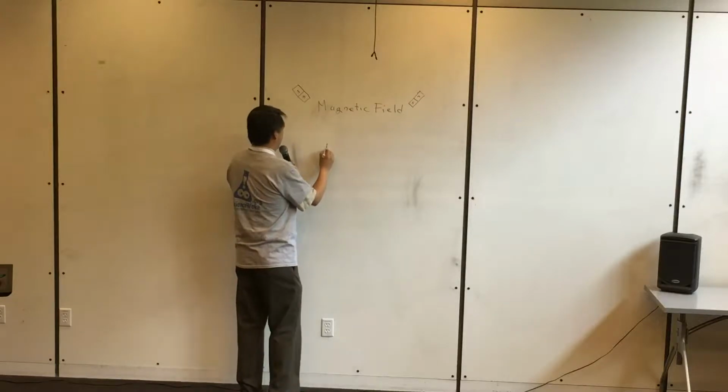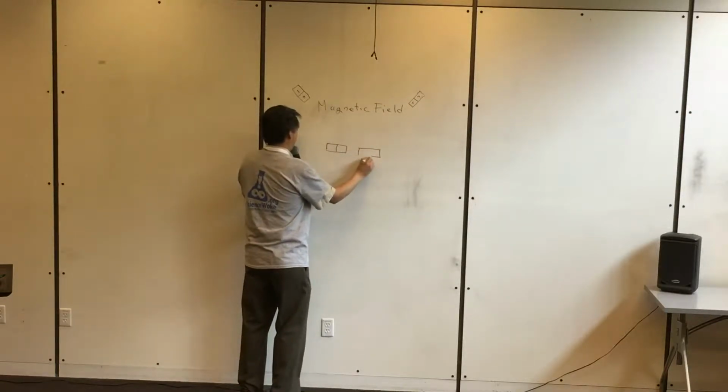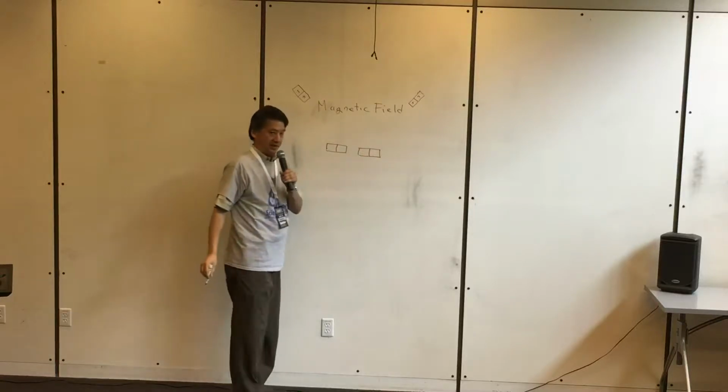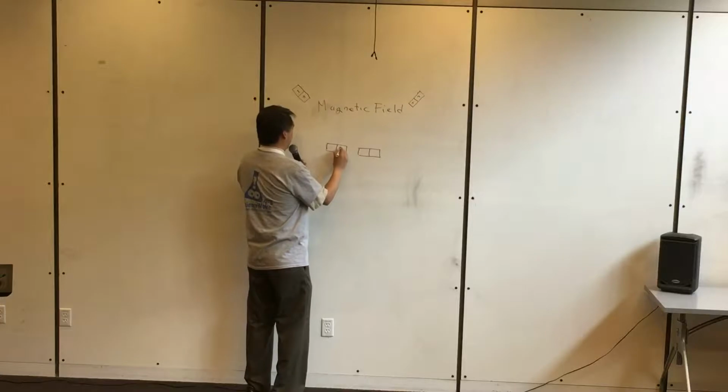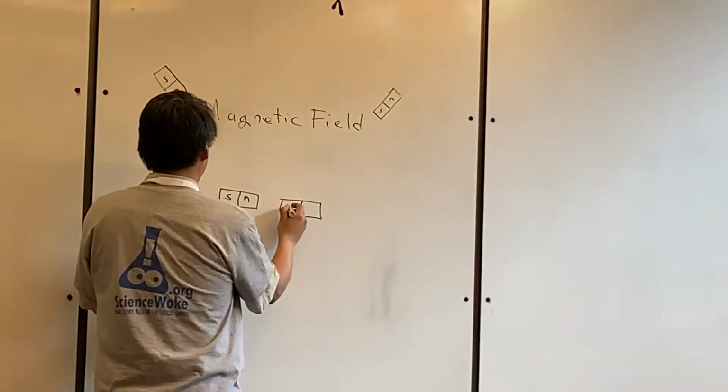Right? So I have my magnet here, and the funny thing is that they seem to have different sides. So by convention we call them north and south.